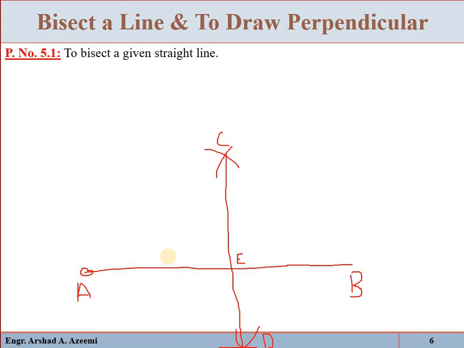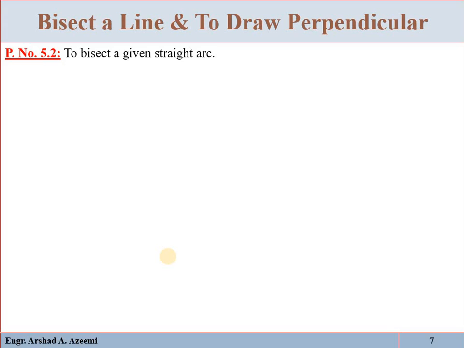Now problem 5.2: to bisect a given arc. Suppose an arc is given, some portion of a circle. The requirement is that we have to divide this arc into 2 parts. Let AB be the given arc having center O. Suppose the arc is drawn from this center O. Now with center A and any convenient radius, mark an arc here and here.